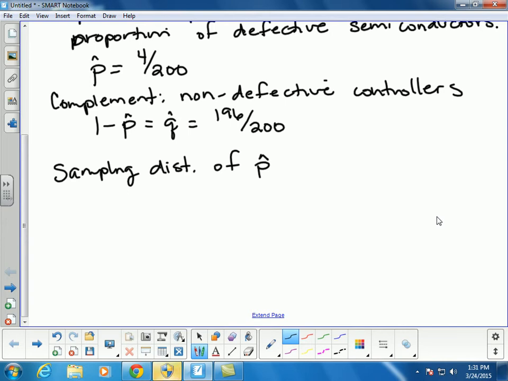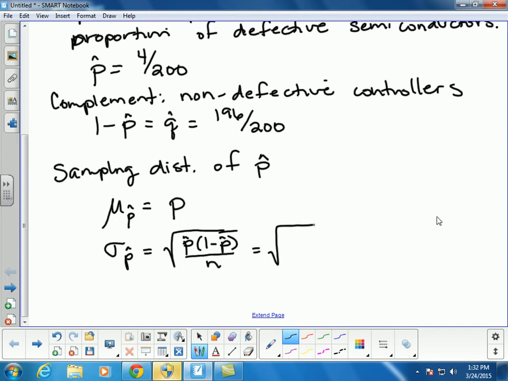For that sampling distribution, the mean of p hat is just equal to p, the overall population proportion, and the standard deviation of p hat is equal to the square root of p hat times 1 minus p hat over n, or the square root of p hat q hat over n.